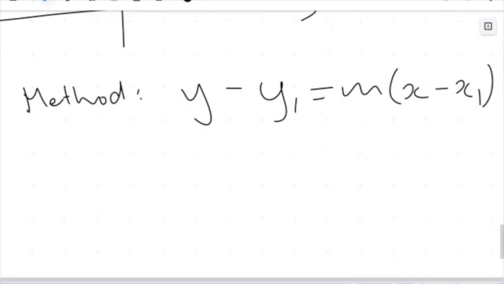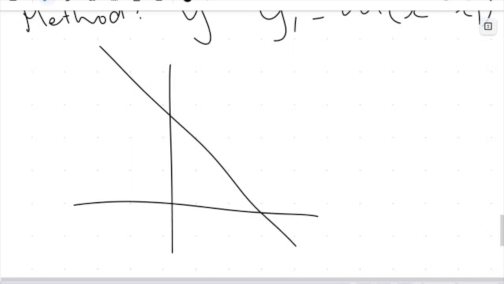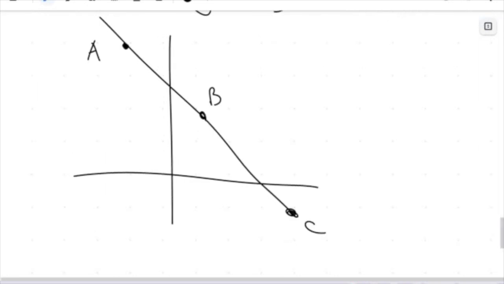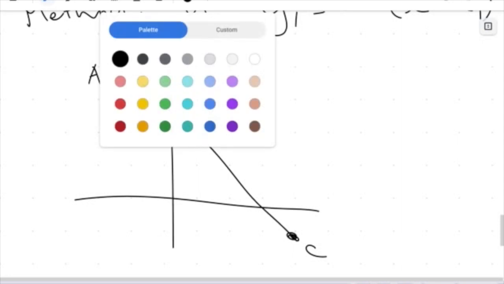we need to first consider a common fact we know about lines. And that is that no matter where we are on a line, if we have the points here, for example, A, B, C, these points are what we call collinear.